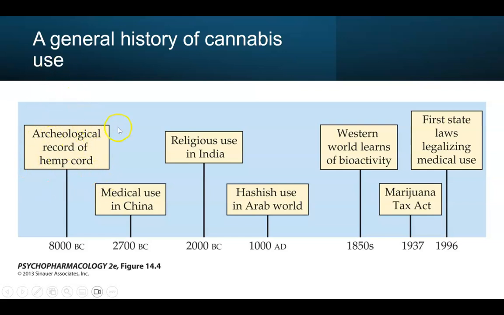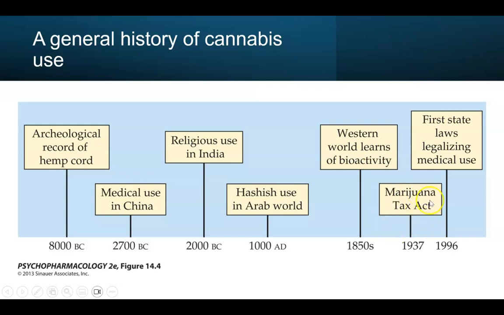But here you can kind of see the timeline for a very general history of cannabis use. So in 8000 before Common Era, we have the archaeological record of hemp cord, followed by medicinal use in China and potentially religious use in India. By Common Era, the Arabian Peninsula is using hashish. The Western world learns about its bioactivity in the 1850s.